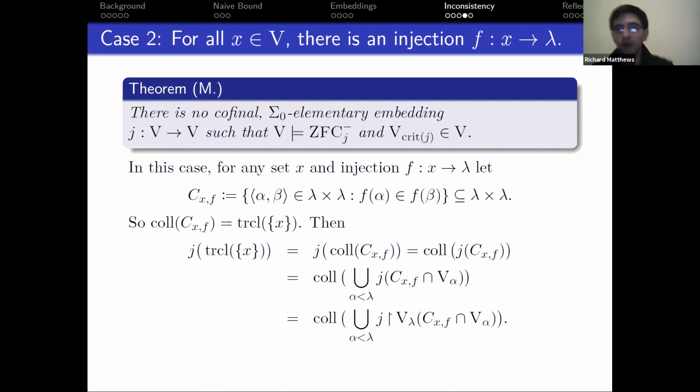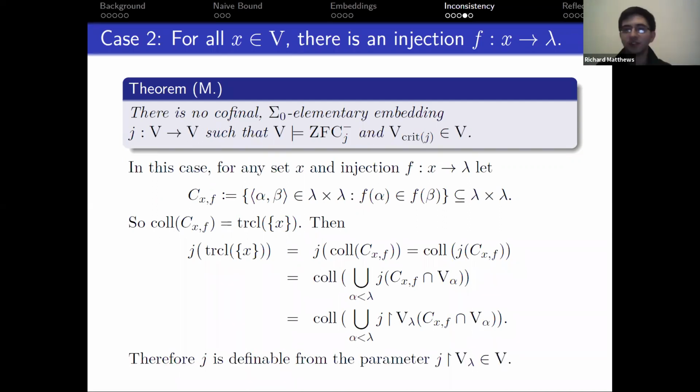So therefore, I only need j restricted to V_lambda for this collapse. But the point of all of this is I've now defined j using the parameter j restricted to V_lambda. So I've given a definition of my class j using my set, j restricted to V_lambda. So I've given you a definable embedding, which is a contradiction.